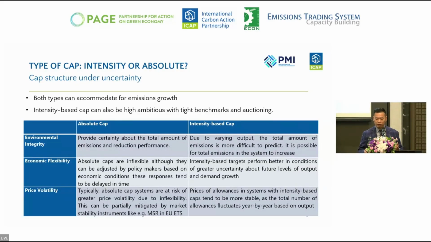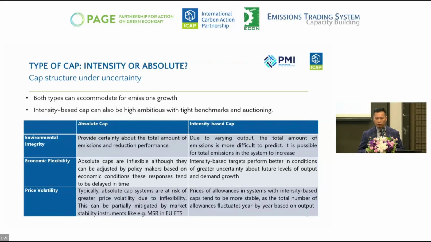And there are pros and cons for these two caps. Absolute cap provides more environmental integrity because it provides certainty about the total amount of emissions. But for intensity cap, there's no certainty of the total amount. So if the whole industry produces more, they will emit more greenhouse gases.